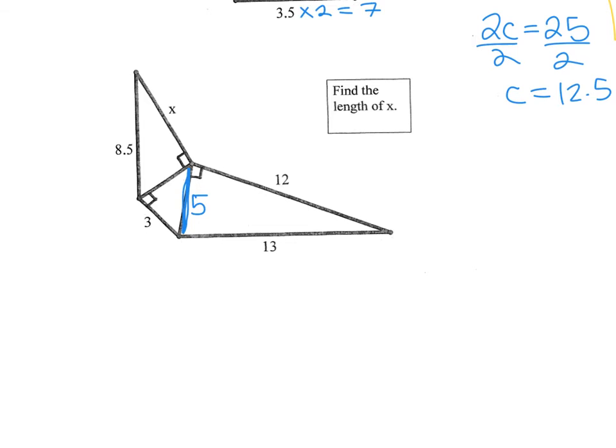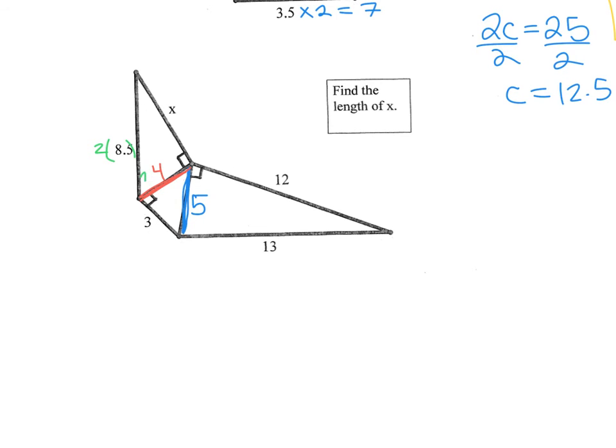Now let's look at the middle triangle. Is there a family that has 3 as a leg, 5 as the hypotenuse, since that's across from the right angle? And the answer is yes, it is a 3, 4, 5 triangle. And now for the last one, it's not as obvious because we have this 8.5 as a hypotenuse, but since it has the half, let's multiply that by 2.